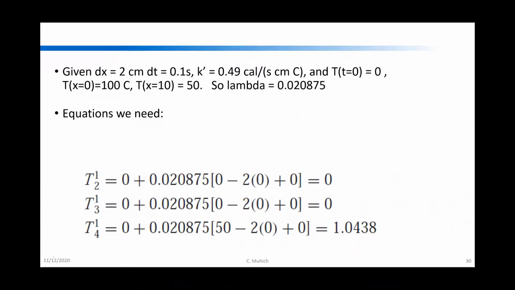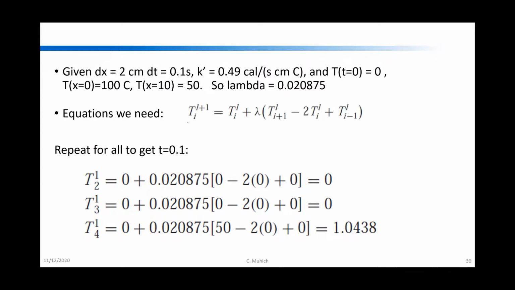Okay, so I can do this again for each of my different time points using this equation. Remember, in that first step, initial conditions, we had these points 0, 2, 4, 6, 8, 10.